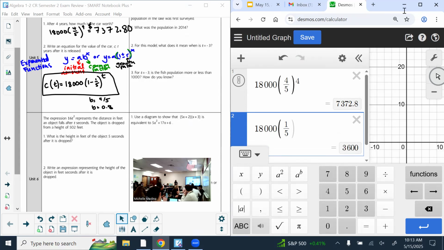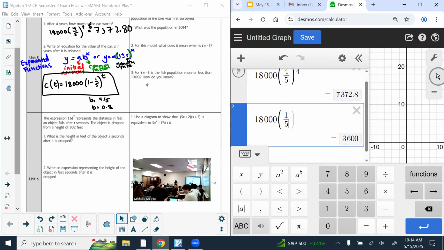You can't just subtract 3,600 4 times, because then it's not exponential, then it's linear. You have to do 18,000 minus 3,600 to see what that amount is, multiply that amount by 1/5, and then subtract it from that, and do that again. The equation is much easier.